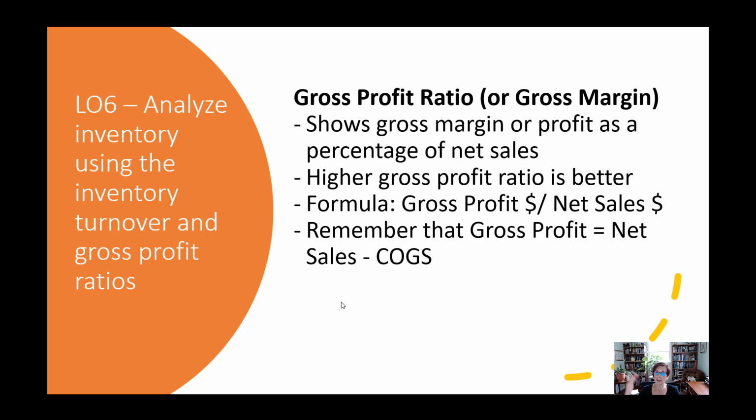That means you're making more money as a percentage of your sales every time you make a sale. Your formula is your gross profit in dollars divided by your sales in dollars. Companies might also calculate this just for a particular product. They might ask, how much gross profit do we want on this product? And that might drive some of their selling and pricing decisions.